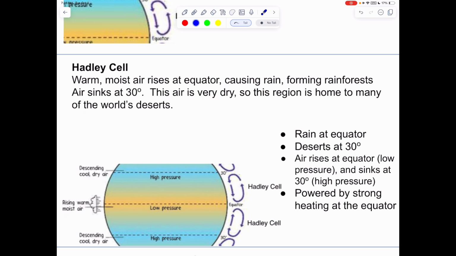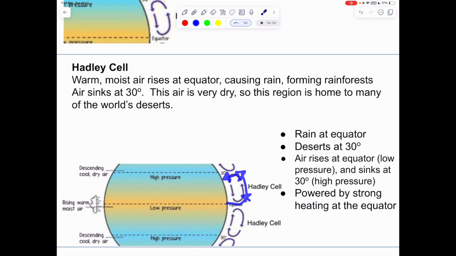Now, as we have put into our brain, when we have air rising, this equates to moist air and it's going to rain. That is why along the equator, we're going to have a lot of rain, lots of rainforest. Because of these Hadley cells, we see a lot of rain at the equator. But then this air has risen up, it has lost all of its moisture, and now it's traveling north where it's going to sink eventually.